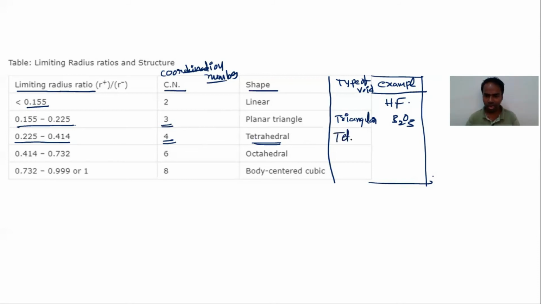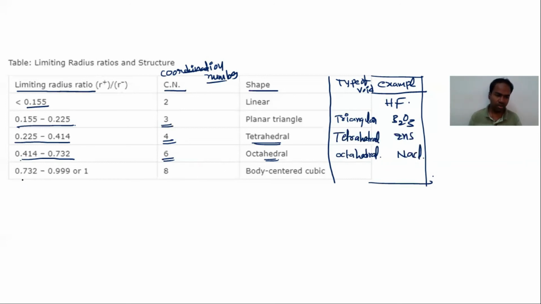Best example, zinc sulfide, sphalerite, also called zinc blende. By increasing the radius ratio from 0.414 to 0.732, the coordination number increases from 4 to 6. The arrangement is octahedral, and the void is octahedral void. Best example, NaCl.